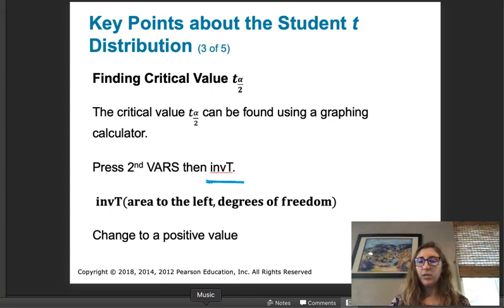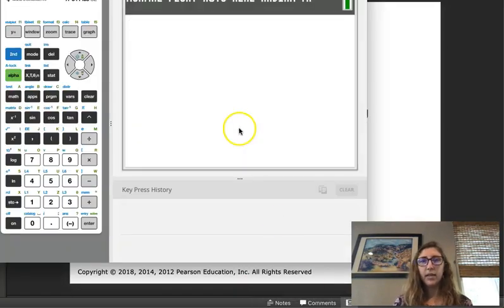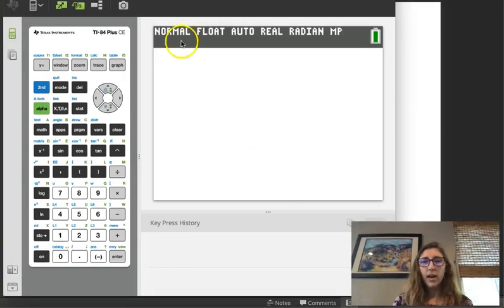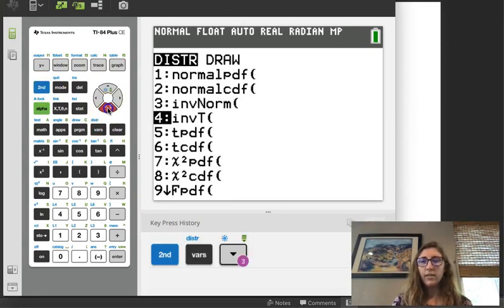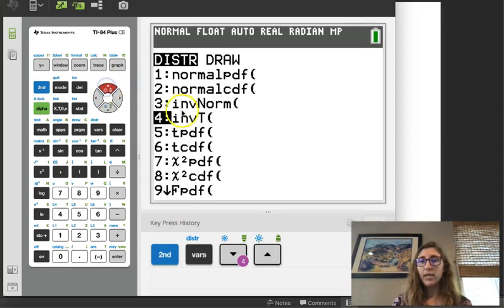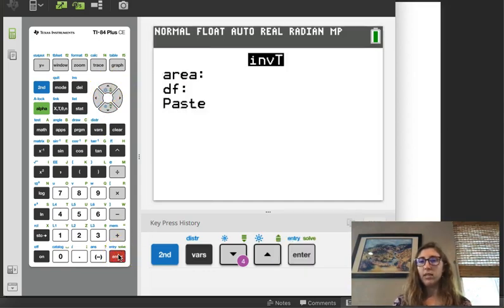So let me just show you while I'm here on my calculator. I would be going to second and then vars, and you see right below inv-norm is our inv-t. So let's do the same example I just gave a moment ago.